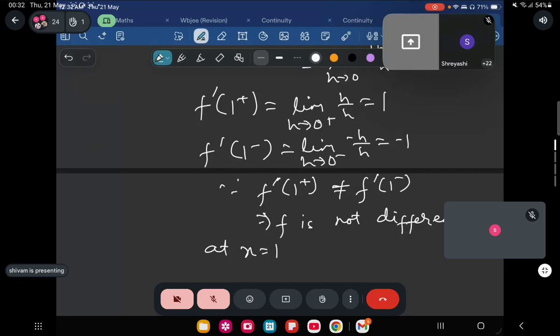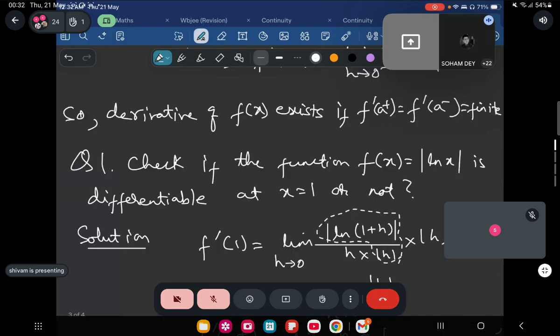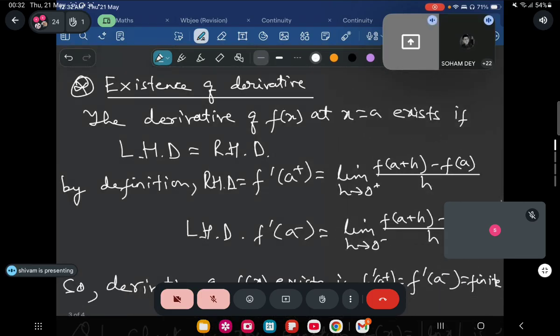So could you scroll above a bit? Existence of derivative part. LSD, it would be a minus h, right? Why? Because it's a little less than zero. So it becomes a minus h, f of a minus h.